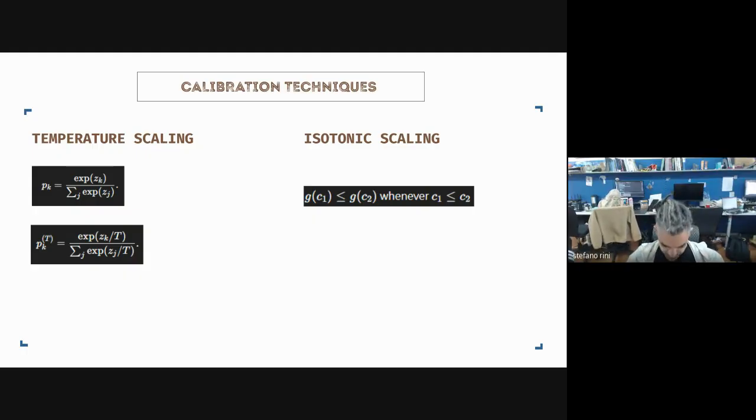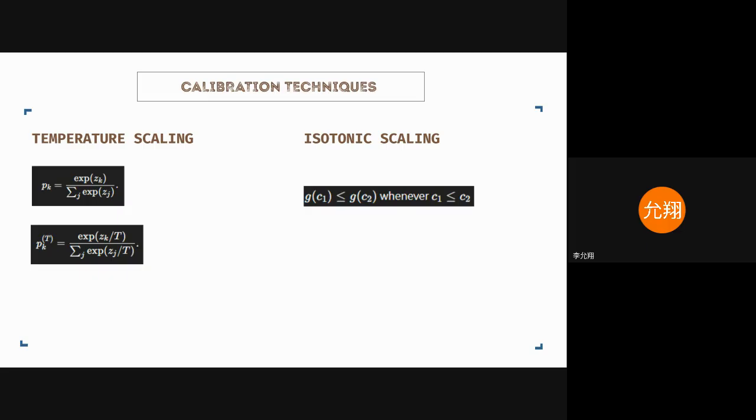But go ahead. The first method is temperature scaling. Suppose the model outputs logit Z. The original softmax probabilities are given by the first formula, and temperature scaling introduces a single positive parameter T and rescales the logits to the second formula. If T is over 1, the distribution becomes softer and less confident.